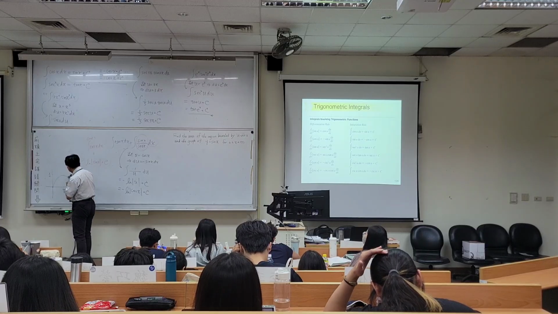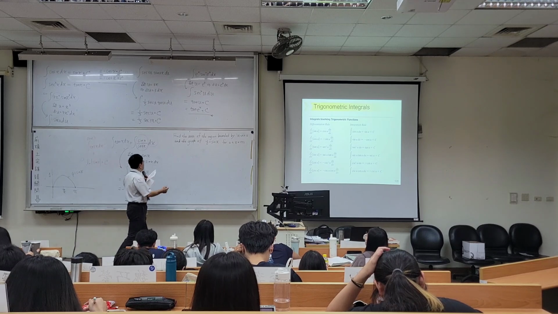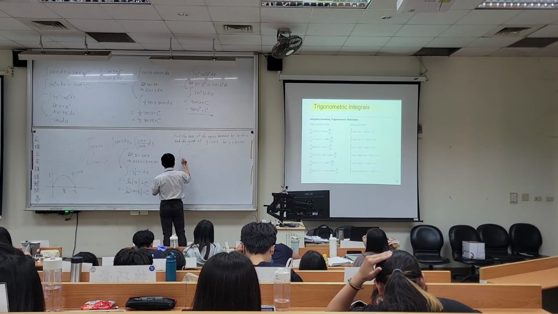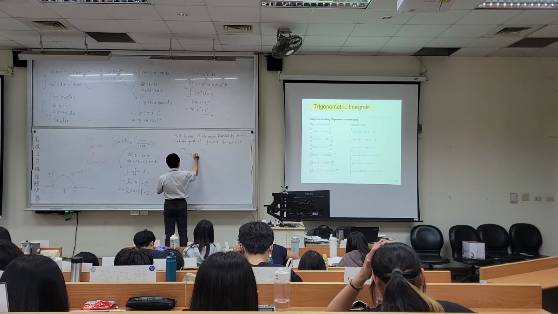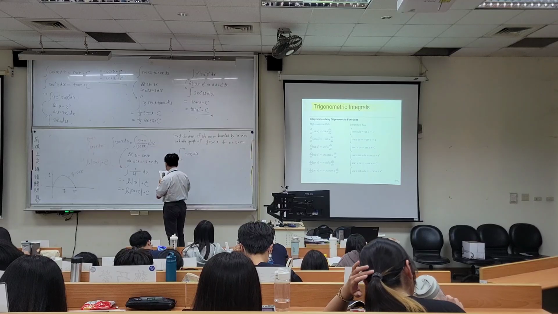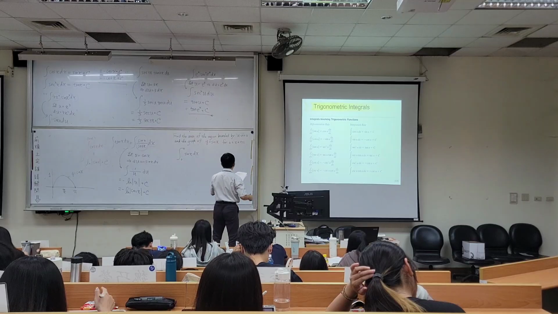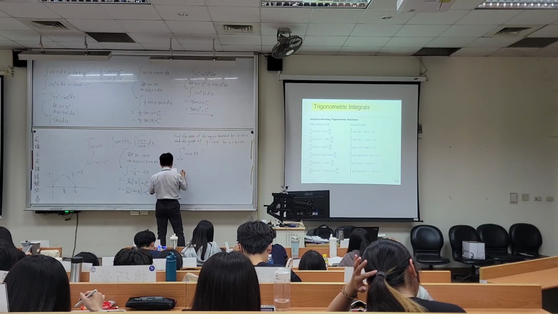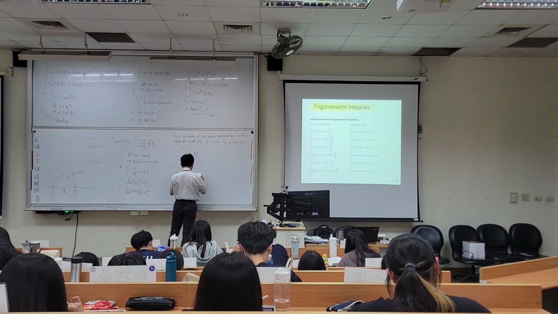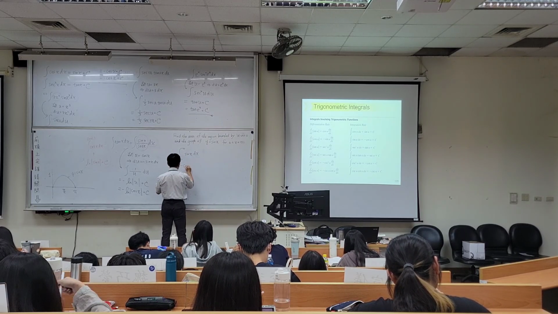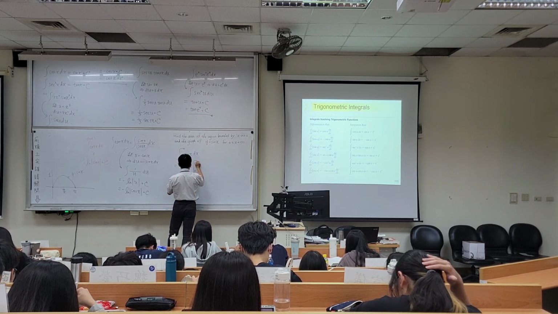So y equal to sine x. Okay? So basically we just integrate from 0 to pi sine x dx. And we do know this will be equal to minus cosine x, and just evaluate from 0 to pi.